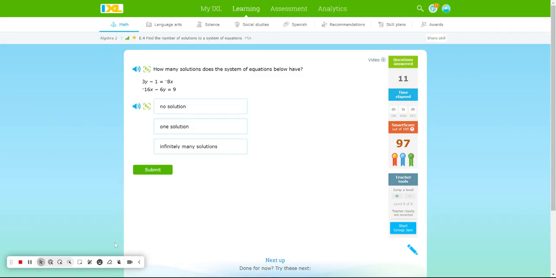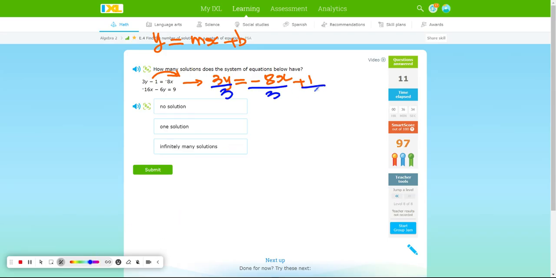We do the same thing, you guys. We solve for the y so we can have the slope intercept form, y equals mx plus b. So let's do this. I move the negative 1 to the right side. I have 3y equals negative ax, and negative 1 moved to the right side becomes plus 1. I'm not quite done yet. I divide by 3 everywhere.